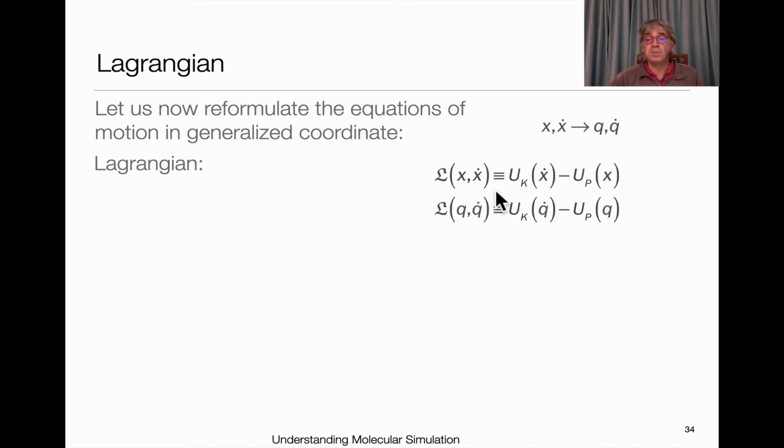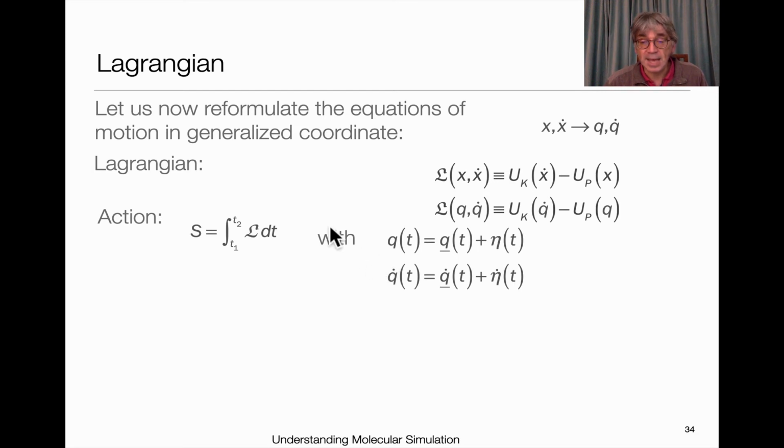So what we do is we define the Lagrangian. The Lagrangian is the kinetic energy minus the potential energy, which we can write in terms of generalized coordinates, in these q variables. Then the statement is that the action takes its minimum value for the true paths.